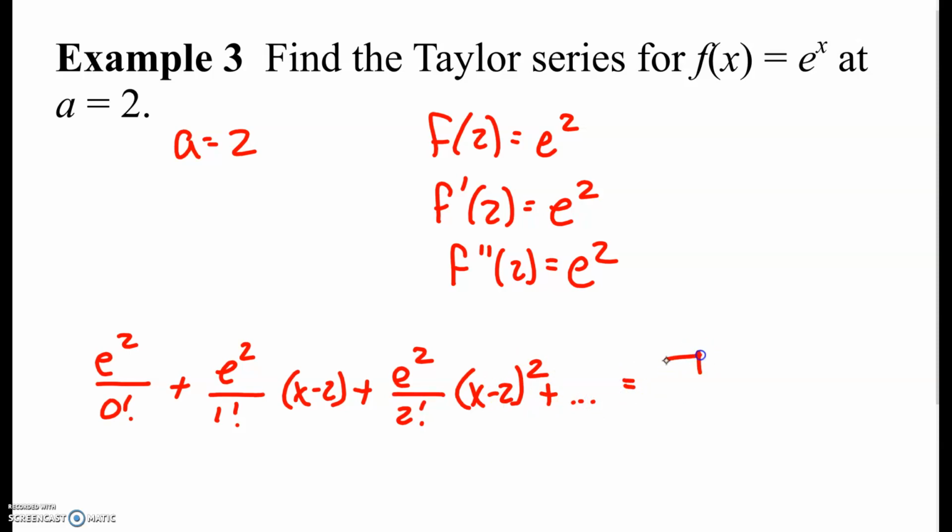In general, the series can be written as n goes from 0 to infinity of e to the second over n factorial times x minus 2 to the power of n.